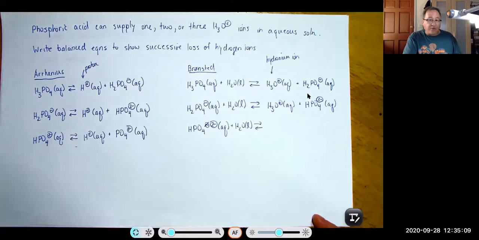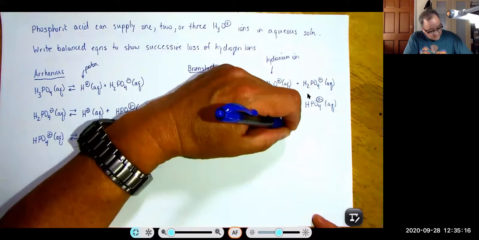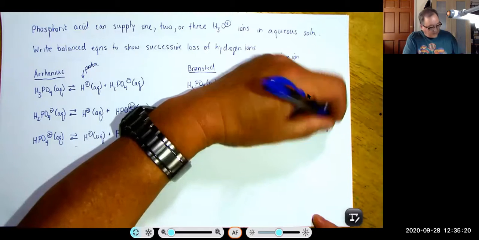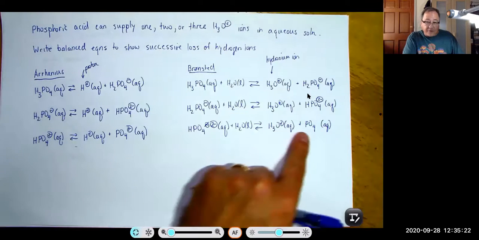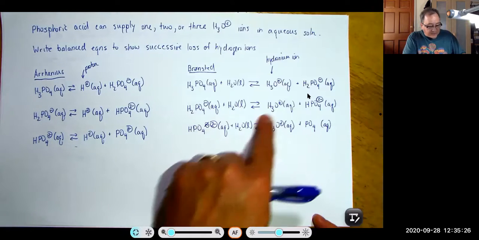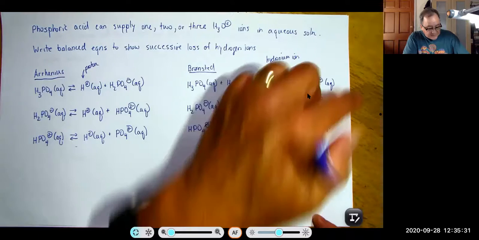It's going to react with water. When it loses a hydrogen, it becomes PO4. And this side, which adds up to -2, needs to equal this side to add up to -2. Since this is a +1, this is a -3.